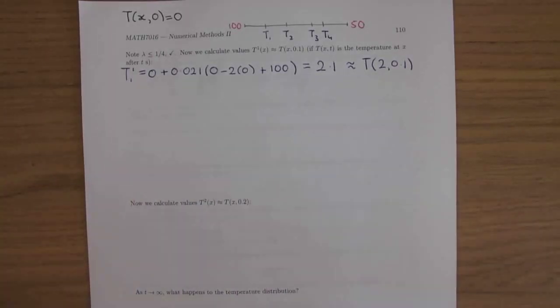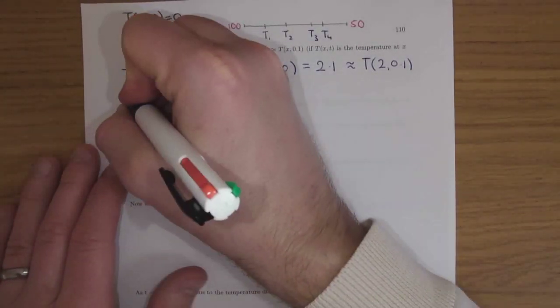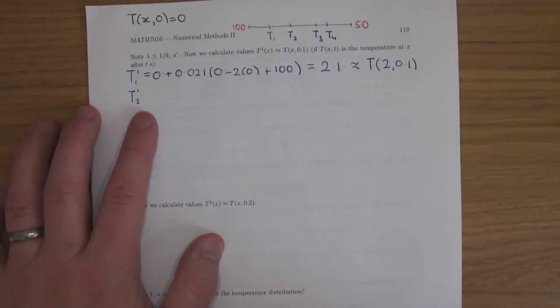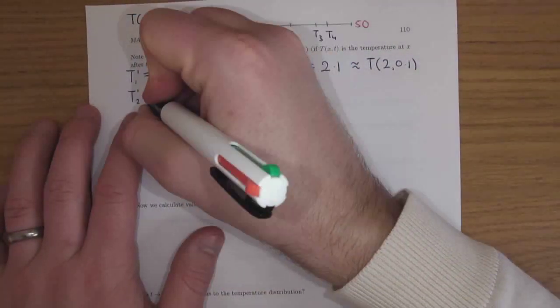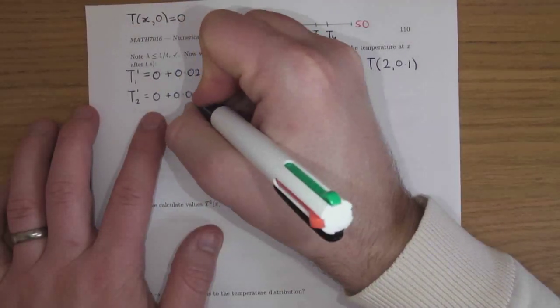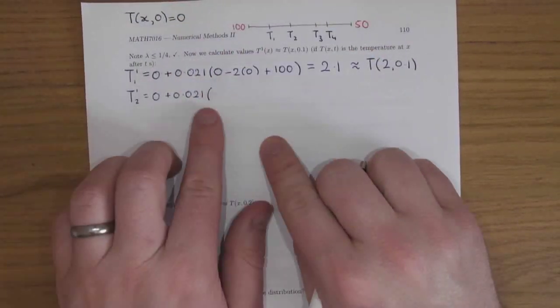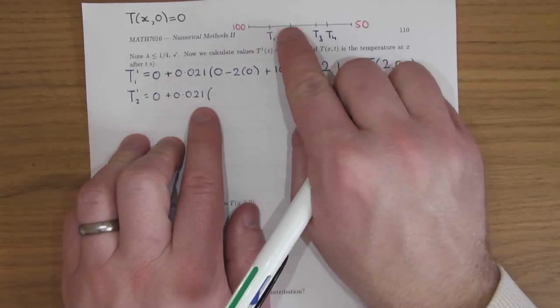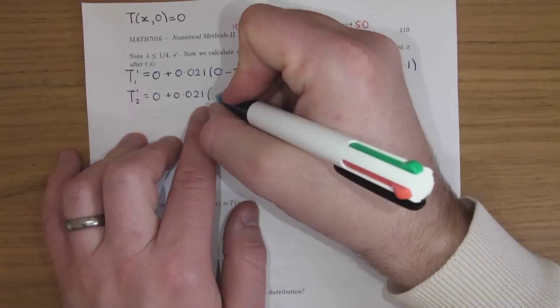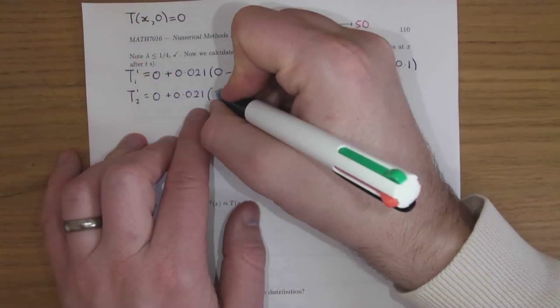We'll do all these. Okay, so next one is T2. The next temperature here, at the first time, which is 0.1 seconds later, is equal to the previous, which is 0, plus 0.021 times the next temperature over in terms of distance, which is T3, and the previous value of that was 0. I might have to write something else above here.